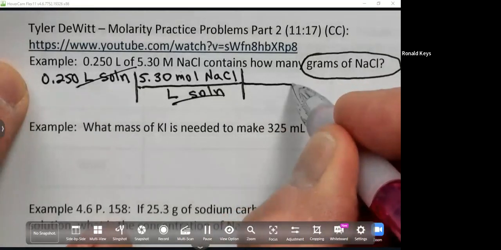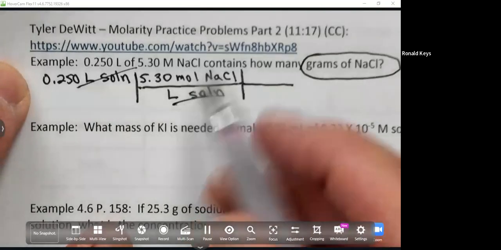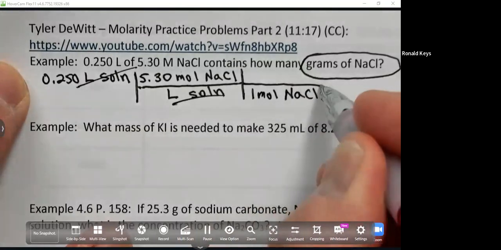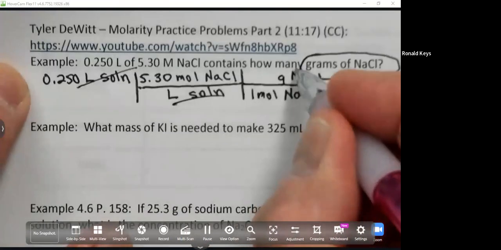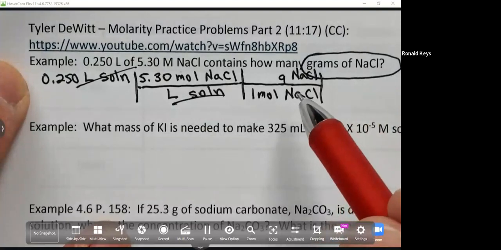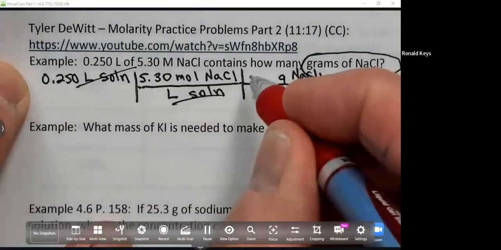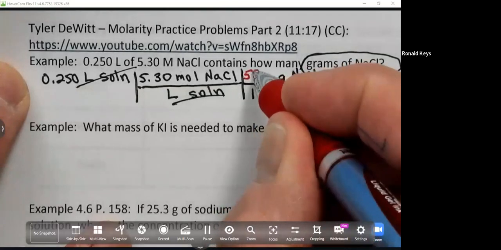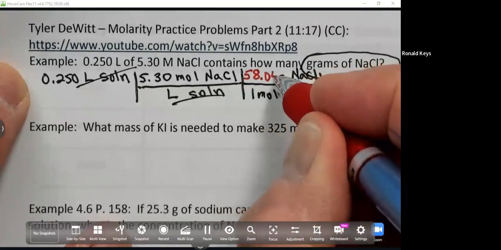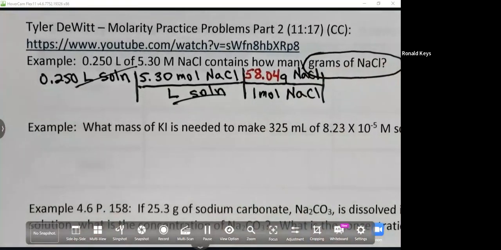And I'm going to add one step here because I have moles, and I'm going to go 1 mole of NaCl is grams of NaCl. 1 mole to grams. And an Na and a Cl should get us 58.44.